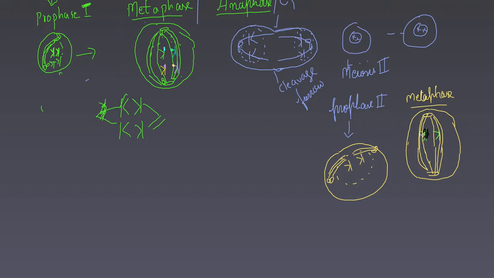So let me remove this. The chromosomes actually align themselves like this. I picked the wrong color.